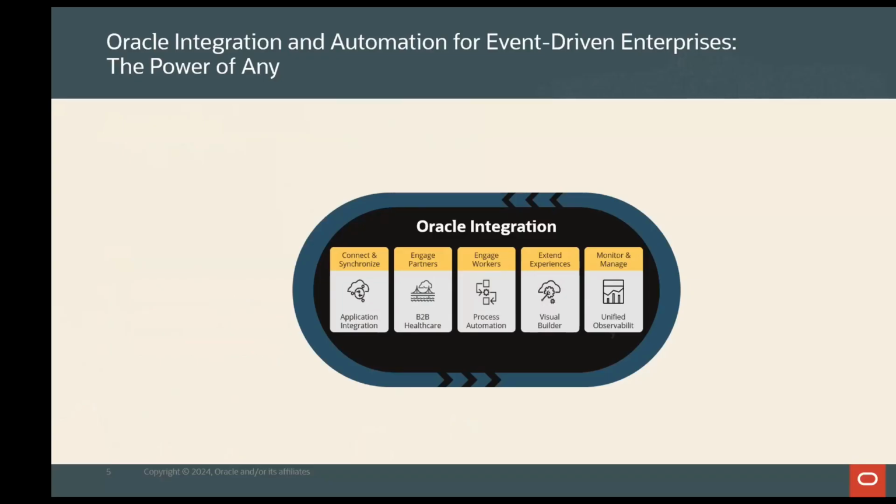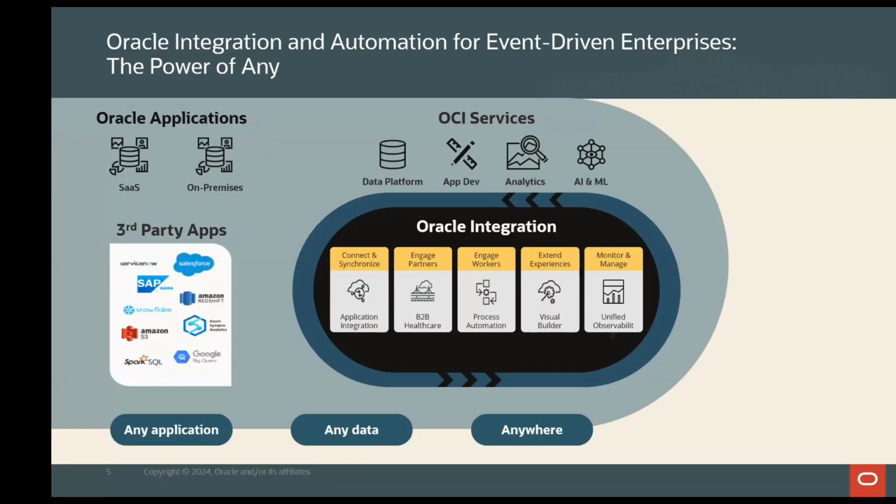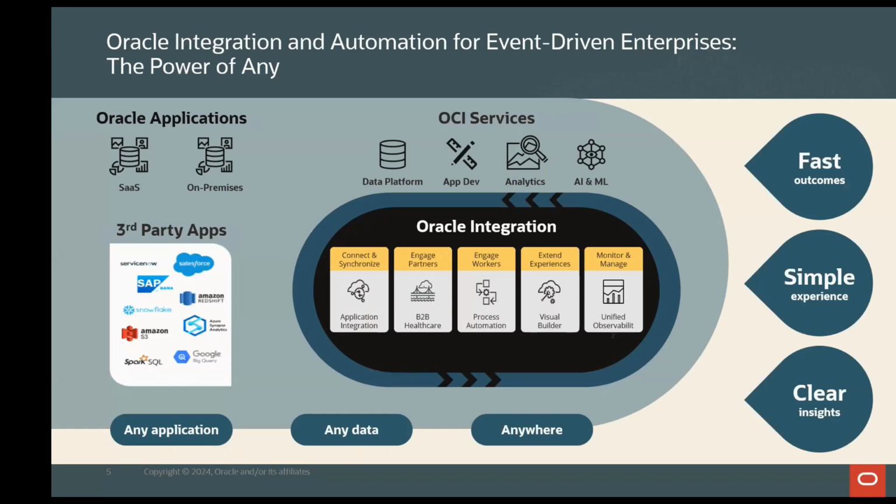So this is just a new slide we have here for OIC, showing the components again: application integration, connecting and synchronizing; B2B and healthcare for engaging with partners; process automation for human-centric workflows; UI experiences with Visual Builder, also to extend SaaS; and monitor and manage with unified observability.